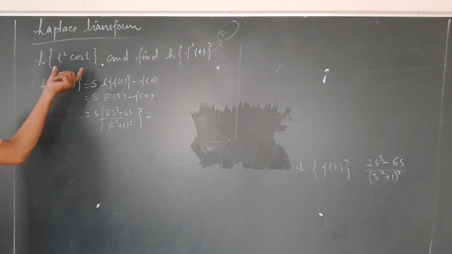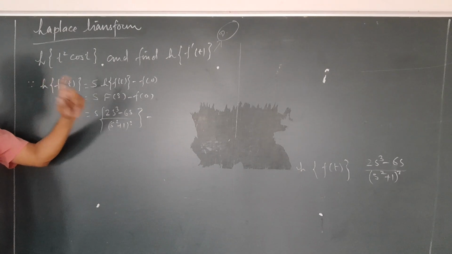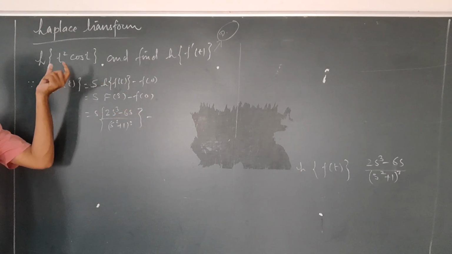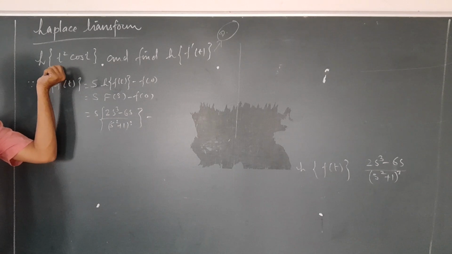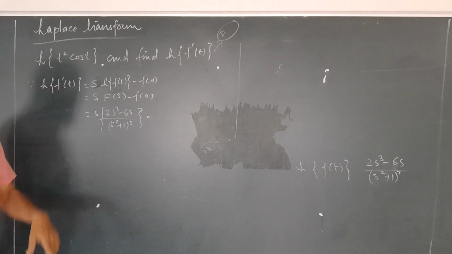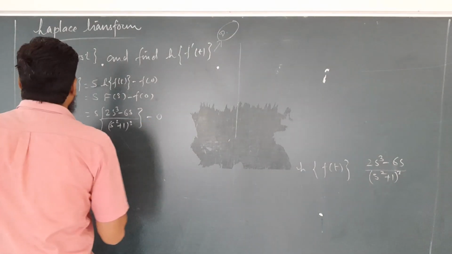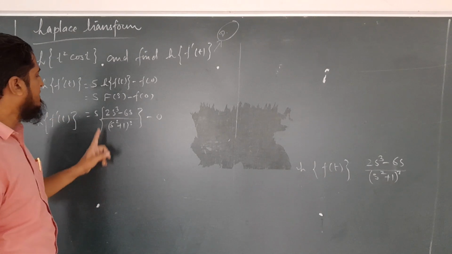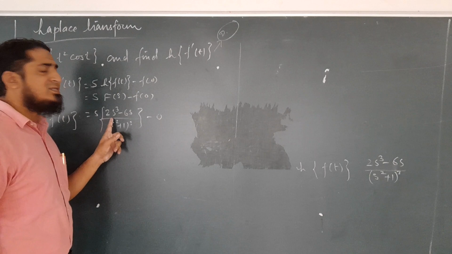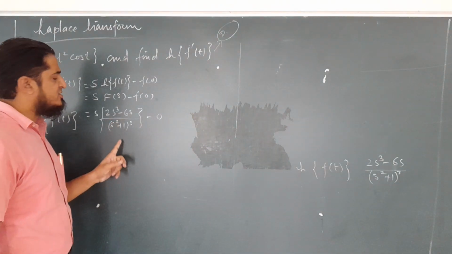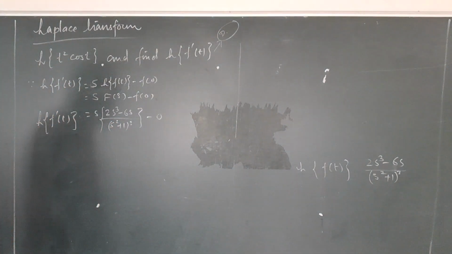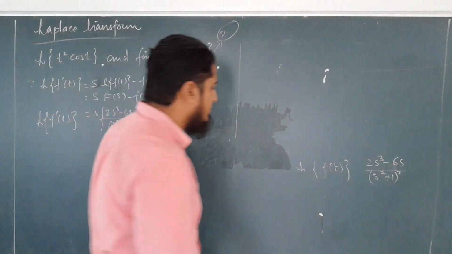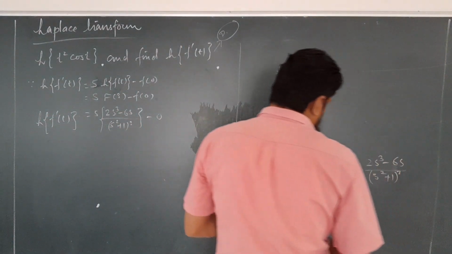If f of t is equal to t square cos t, if we put t equal to 0, 0 square becomes 0, 0 into cos 0 becomes again 0. So we have Laplace transform of f dash of t is equal to s into (2s cube minus 6s) upon (s square plus 1) bracket cube. We have two different answers for that.